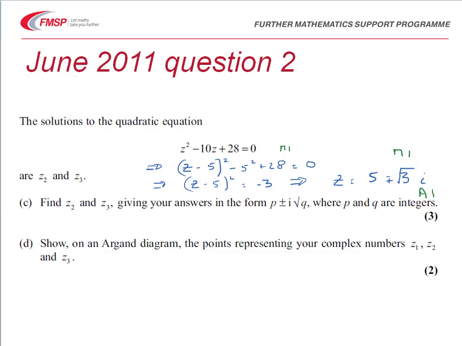To show these on an Argand diagram, well, the essential part would be to make sure that your diagram is labelled, so you're labelling real axis and imaginary axis.